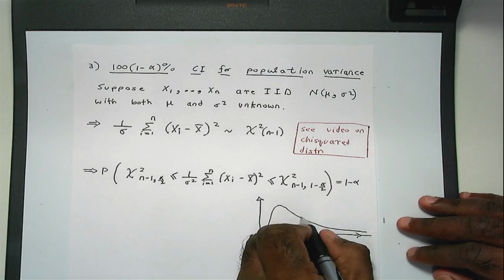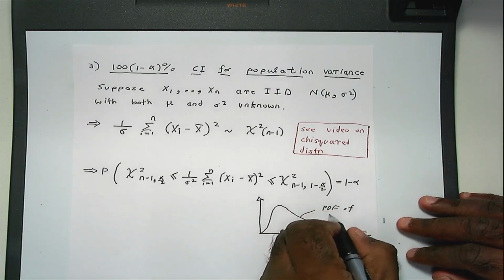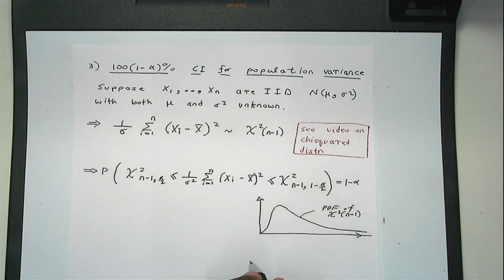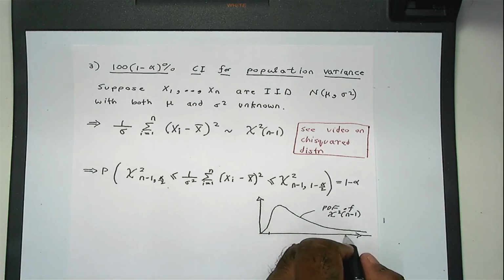So this is the PDF, and these 2 points here are the percentiles corresponding to an area of alpha by 2 on this end, and an area of alpha by 2 on this end.